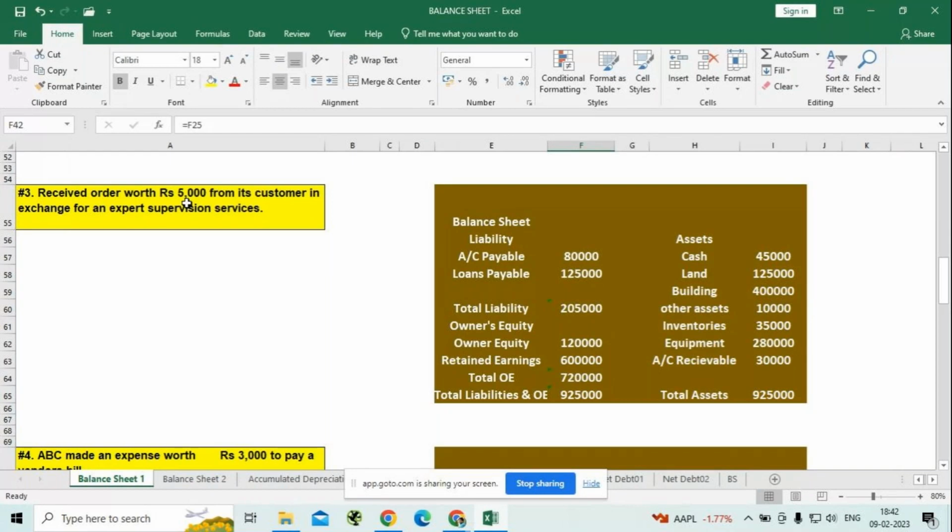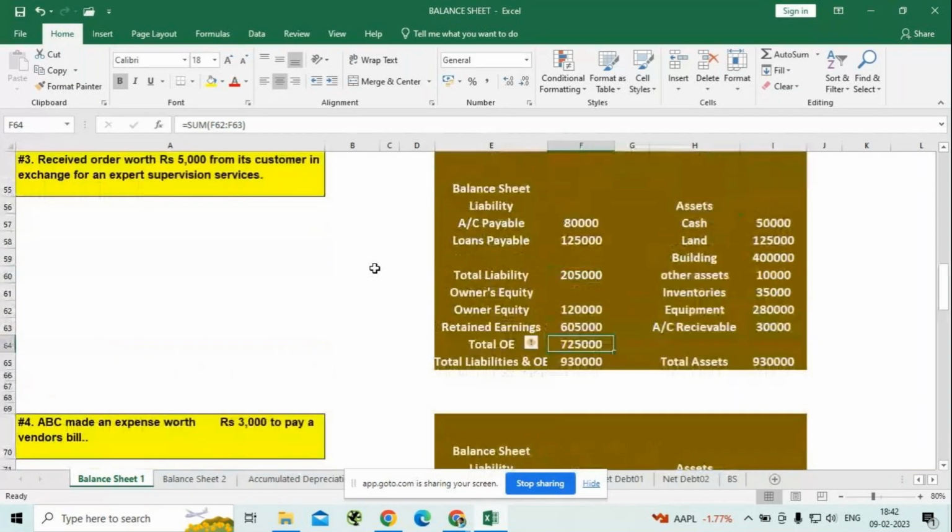We are receiving the money, so there is an increase of the cash value. Because of the increase of cash, there is an increase in the profit of the business. So hope you have understood this question. We have increased the cash, and we have increased the retained earnings value.